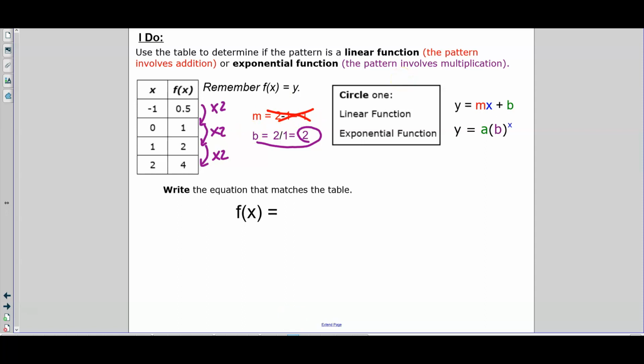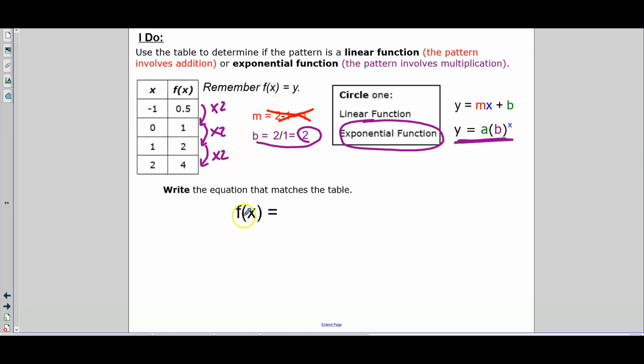So I'm going to circle exponential because we found a number that was a multiplier, and we didn't have a number that's addition here. So keep that in mind. That's why this is exponential. Now that I know this is exponential, we know that the equation is going to look like this one. Down below, keep in mind y is the same thing as f of x, so I don't have to do anything there.